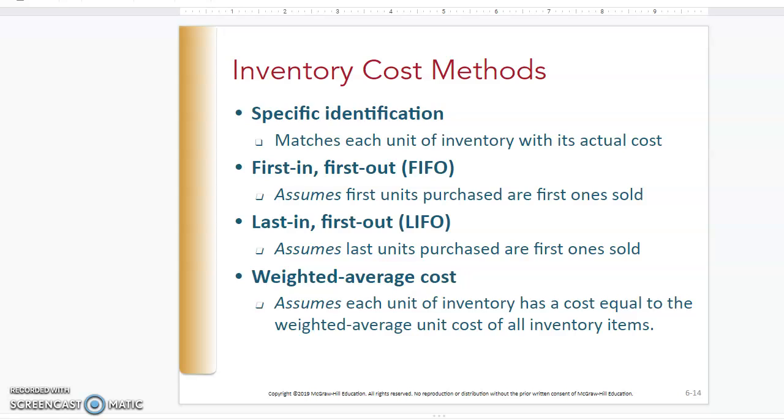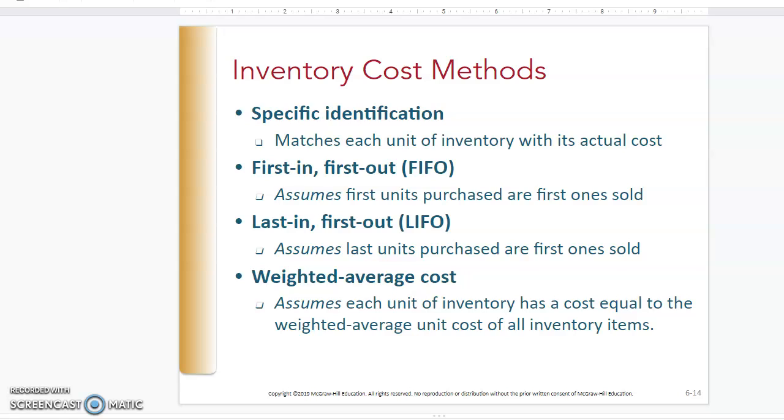The first one is specific identification. We're going to do the least amount of work on this because it is the simplest. It matches each inventory unit with its actual cost. This is used for inventory that has items that are unique and a way to determine which one was sold.